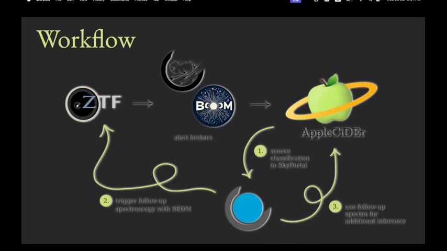If the classification shows that this is a very nice event and we need a follow-up, then this goes through SkyPortal. We trigger for more spectra, and then we come back to the AppleCider, and AppleCider fixes the classification, because then we have more information from the spectrum.